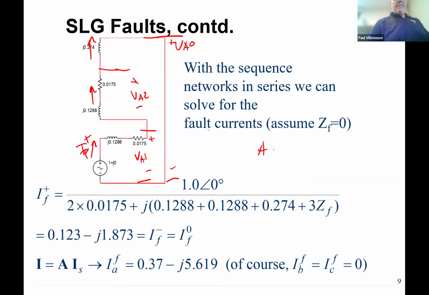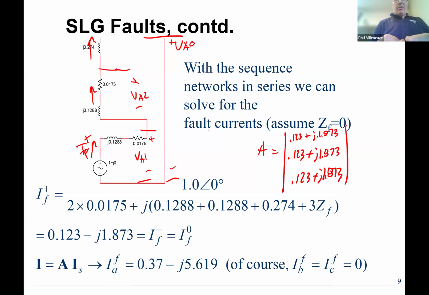So if I take my A matrix and multiply it by 0.123 plus j1.873, 0.123 plus j1.873, 0.123 plus j1.873, then that is going to be equal to my phase currents.